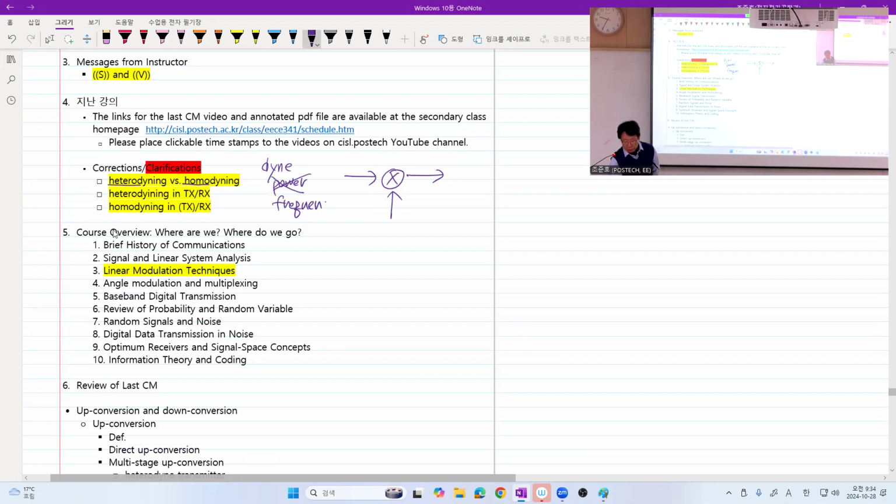So same frequency, different frequency. In that way, you must understand these two words. Now, heterodyning can occur in a transmitter or in a receiver. Homodyning can also occur in a transmitter or receiver. It's possible as you build a system in some way. We are going to see it in detail later.